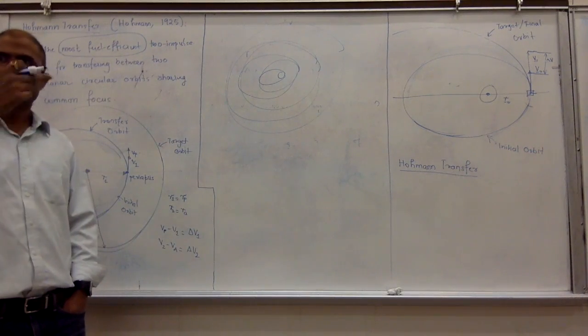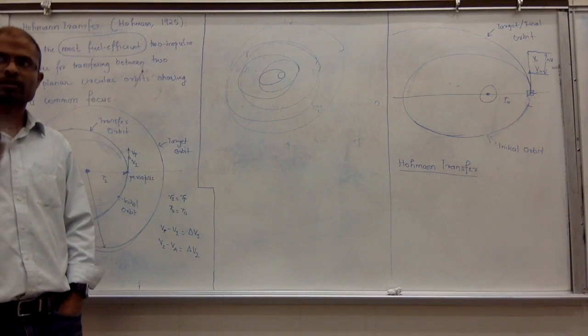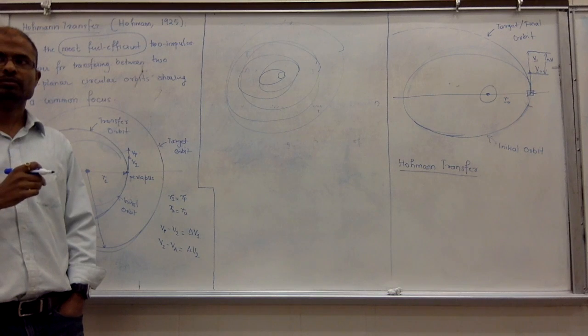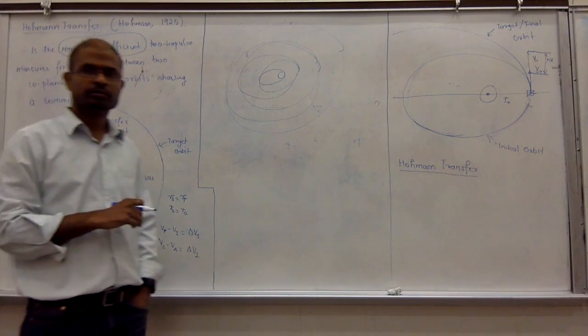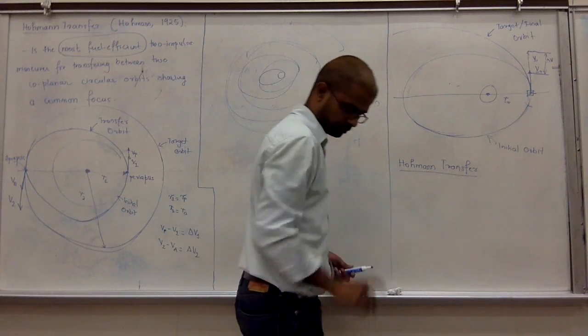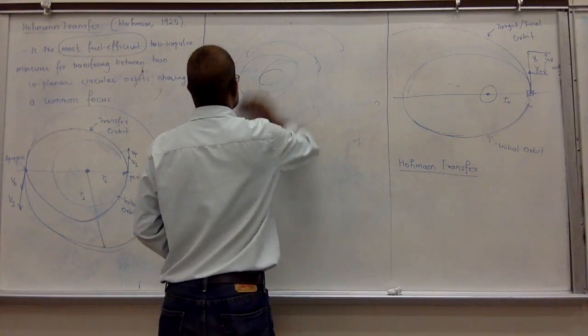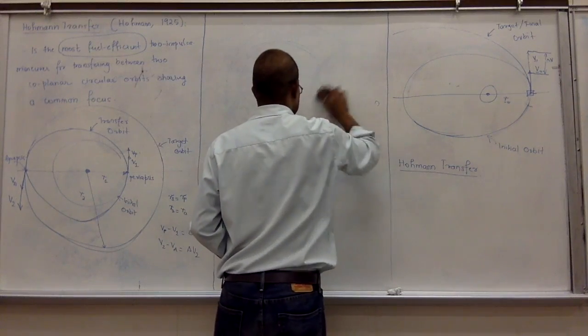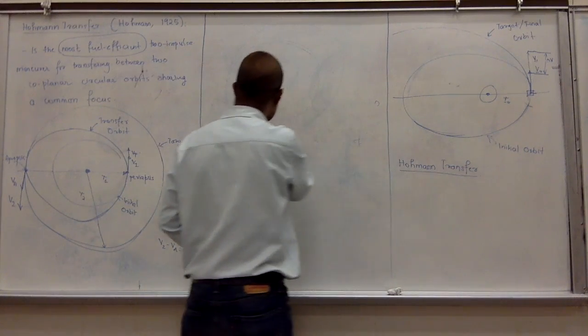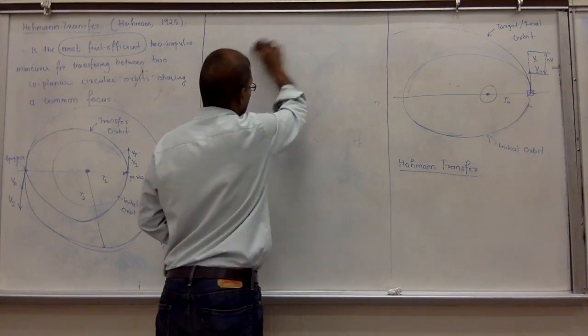So you'll keep on doing one transfer after the other. That's what you want to do. Got it? So every Hohmann transfer will require how many impulses? 2 impulses. And every Hohmann transfer orbit is an elliptical orbit.